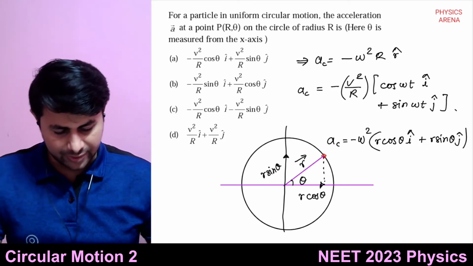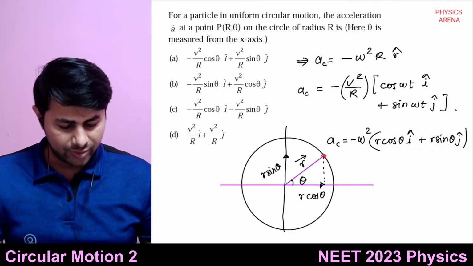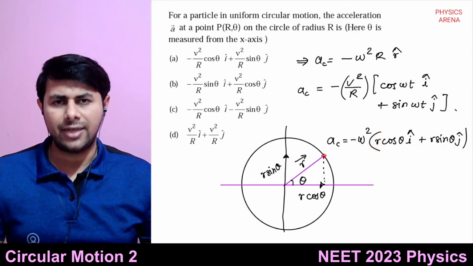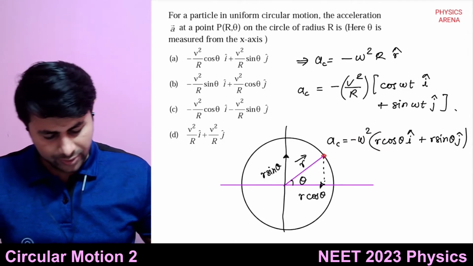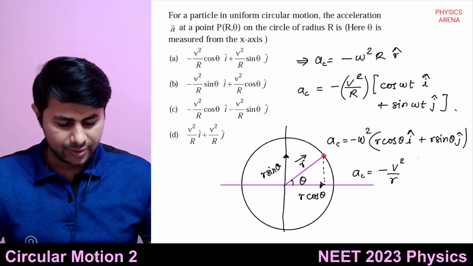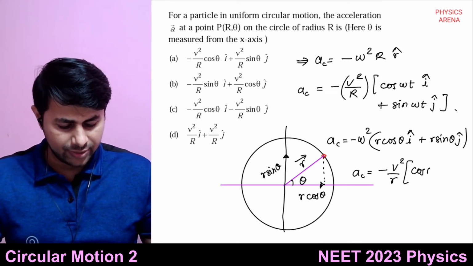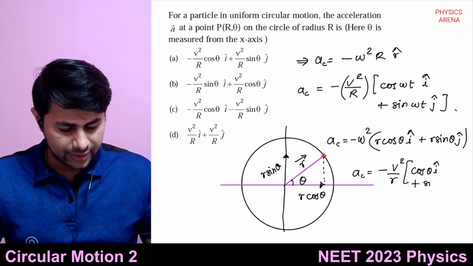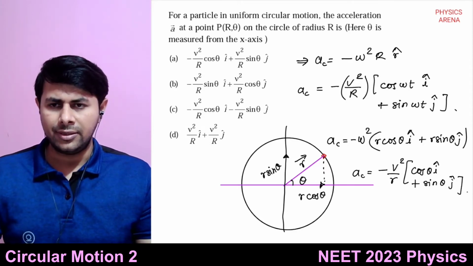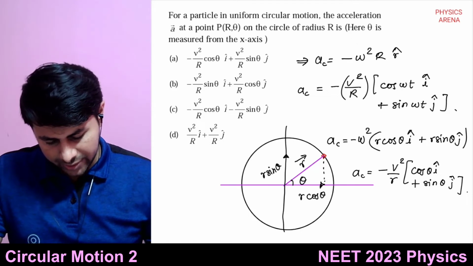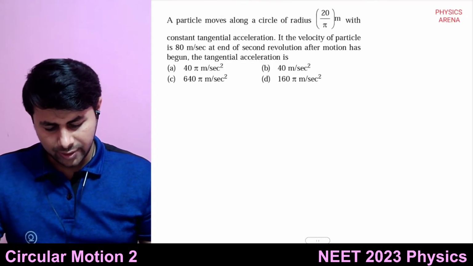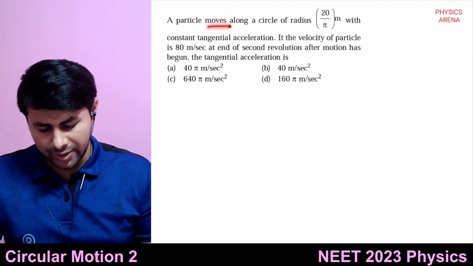R bar is this, and you can take that r common, and write omega square r as v square upon r. So it will be equal to minus v square upon r multiplied with cos theta into i cap plus sin theta into j cap. So this is the answer. Option C is the answer. Right, this is simple. Next question.